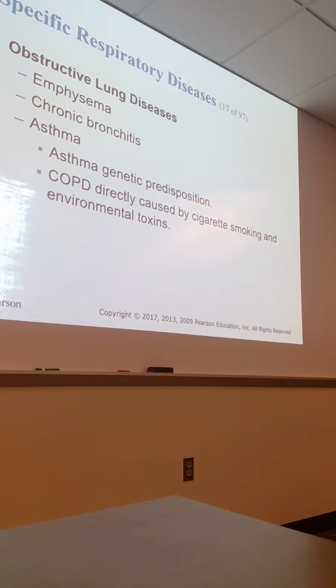And so there's mucus plugging and bronchoconstriction causing the disease. Cigarette smoking is by far the most common cause of it, although other toxic exposures, coal miner's disease, asbestos exposure, and things like that can cause chronic bronchitis or emphysema.